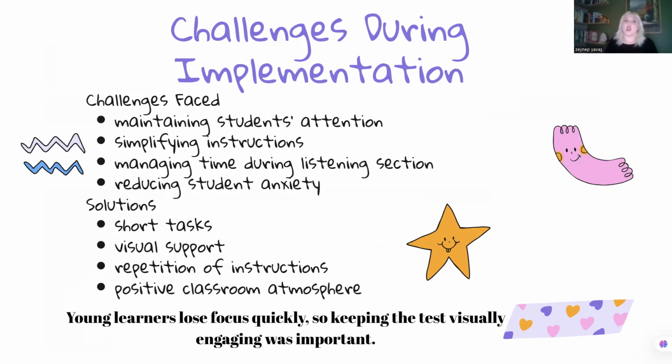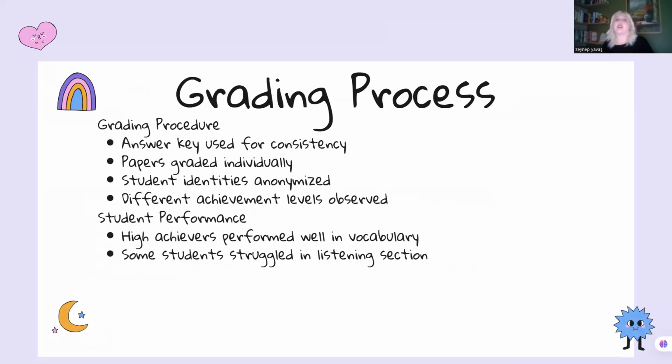Young learners lose focus quickly, so keeping the test visual and engaging was important for them. My grading procedure: an answer key was used for consistency, papers were graded individually, and students' identities were anonymized. Different achievement levels were observed in my students' performance.